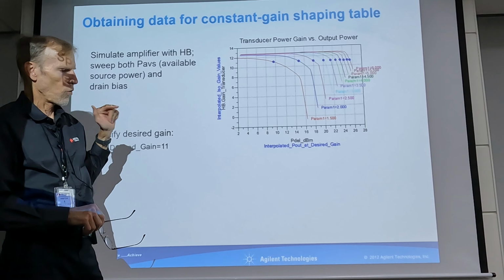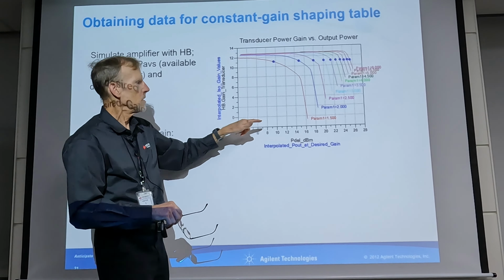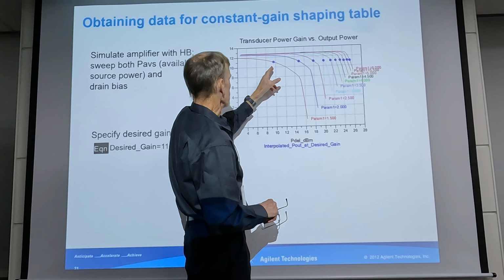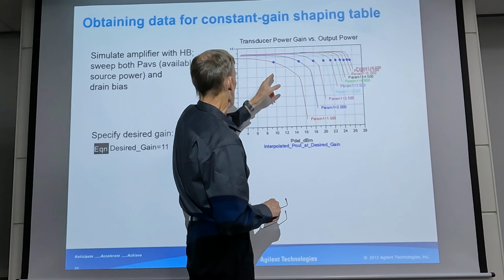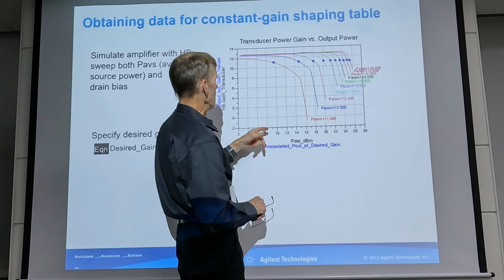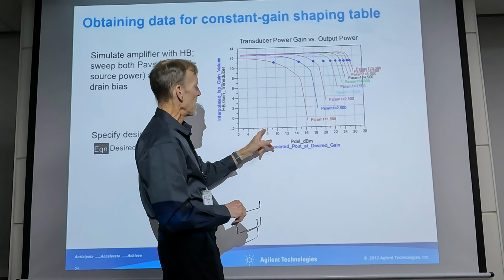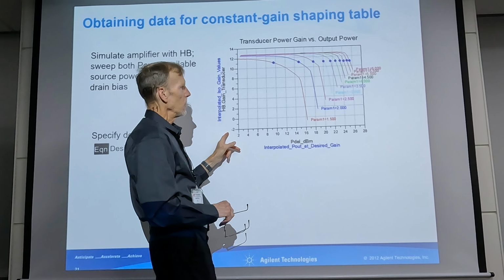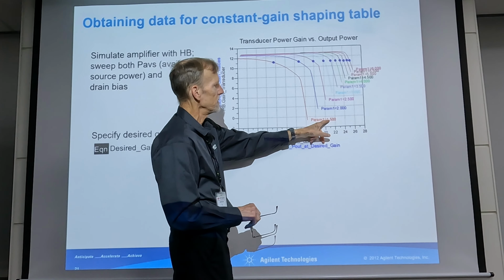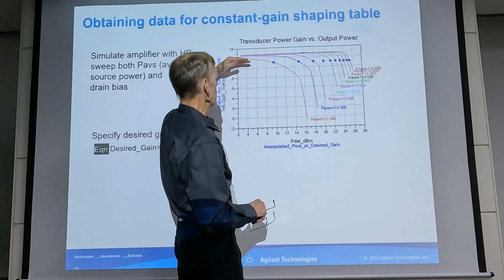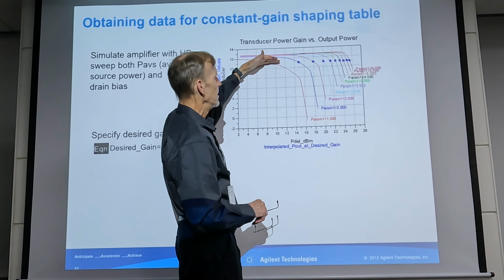So for a particular input power, you need to set the, okay, so let's just say this value minus 11. When the input power is about -1 dBm, we need to set the drain bias to about 1.5 volts to get 11 dB of gain.